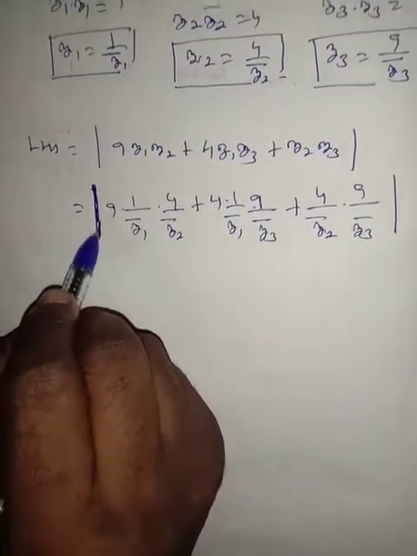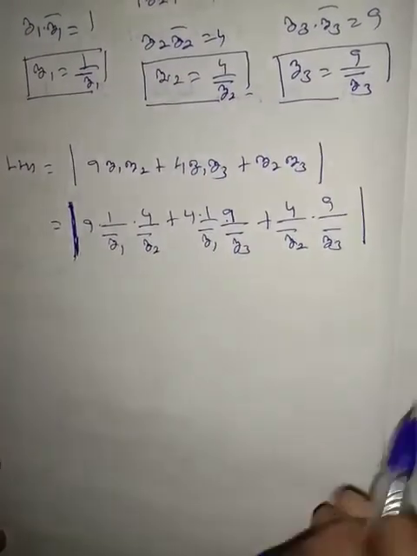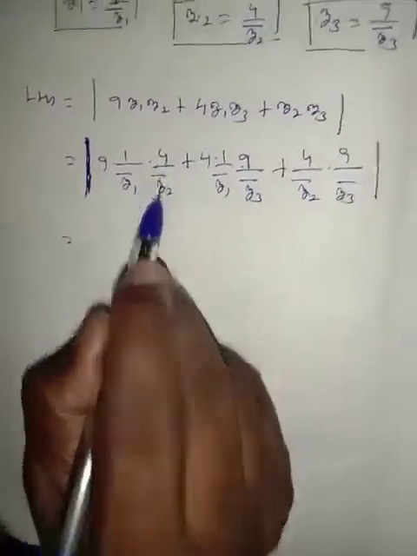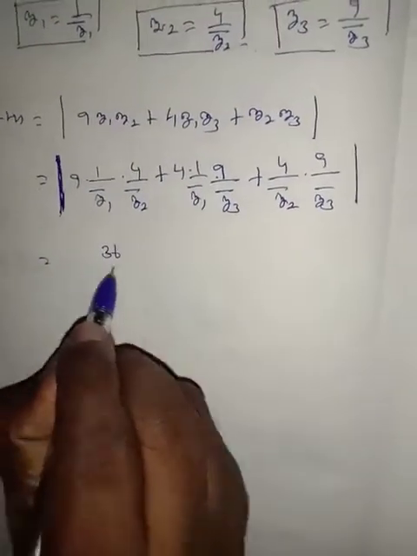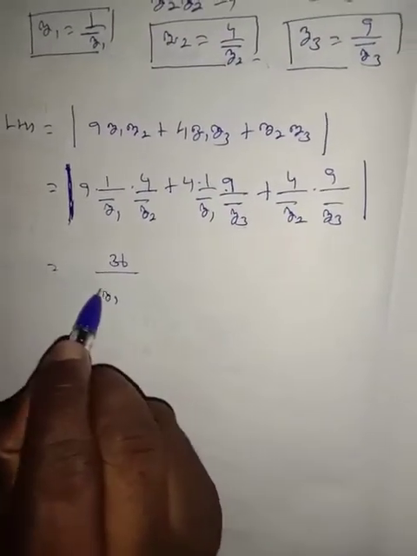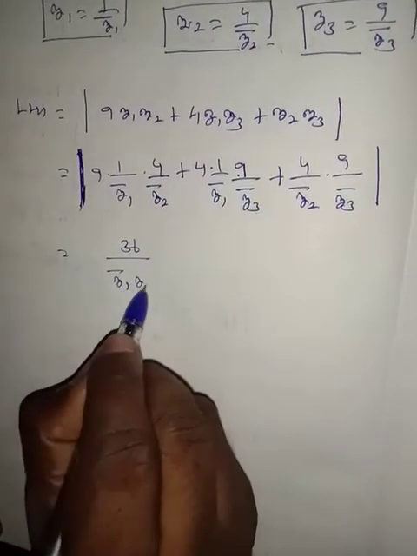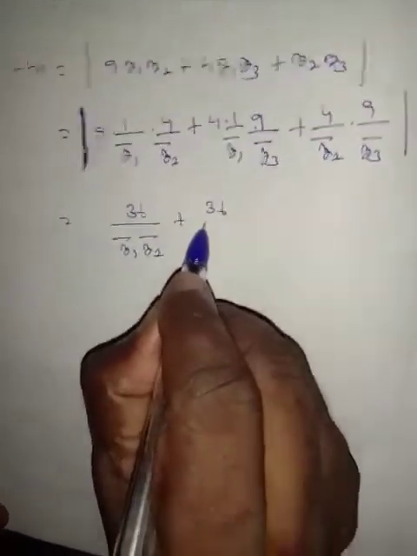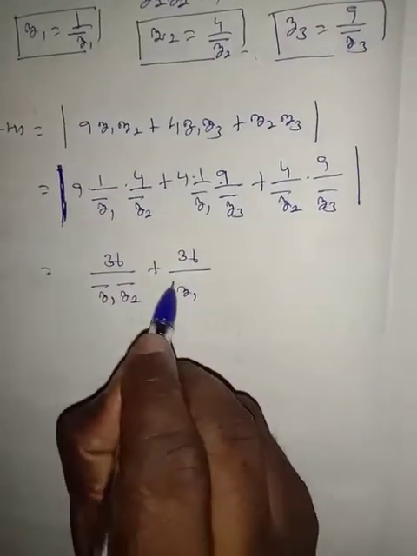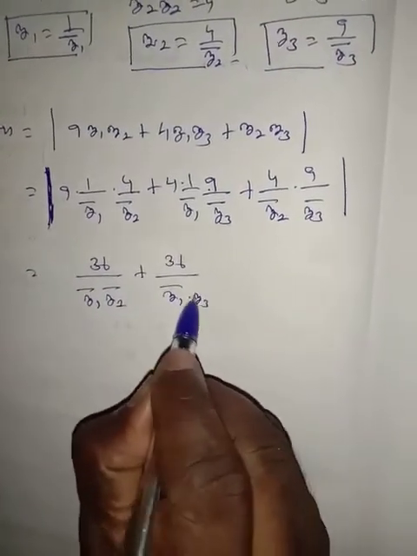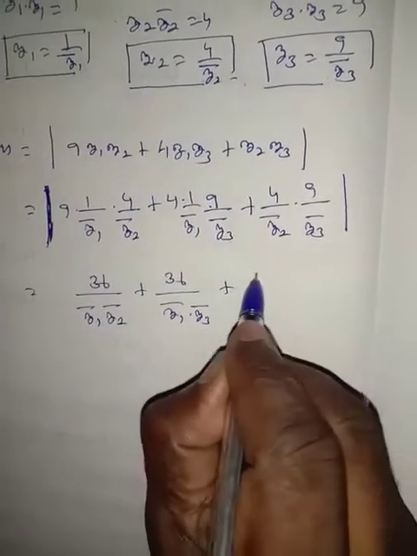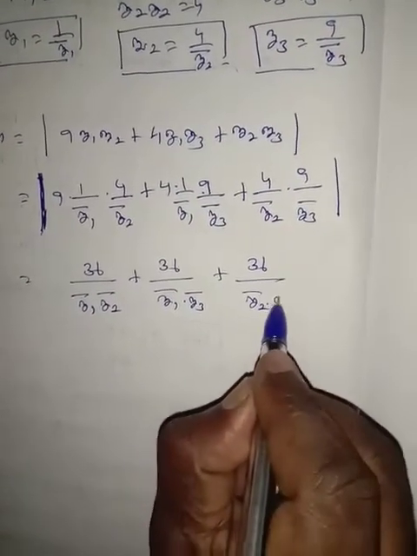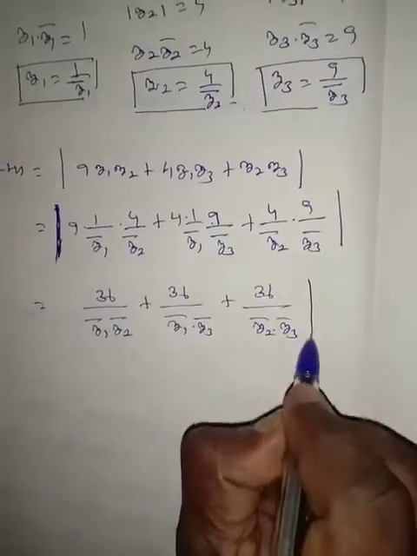Now 9 fours are 36, divided by Z1 bar Z2 bar, plus 36 divided by Z1 bar Z3 bar, plus 36 divided by Z2 bar Z3 bar.